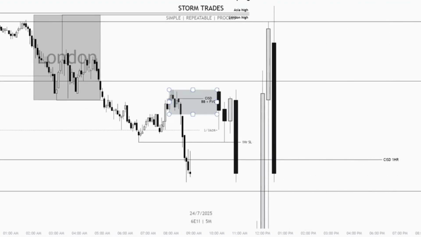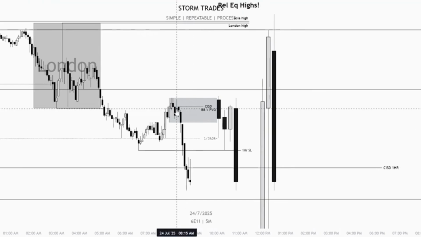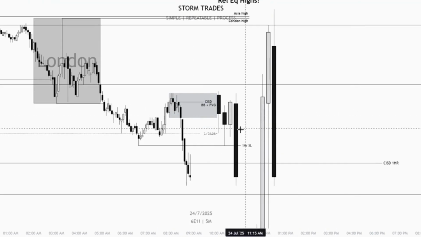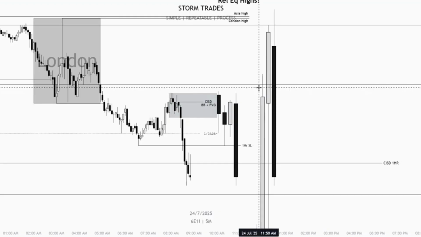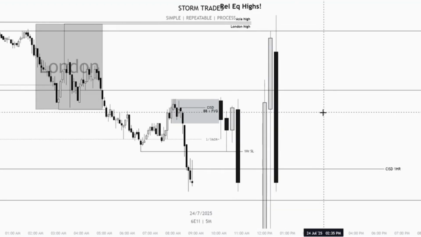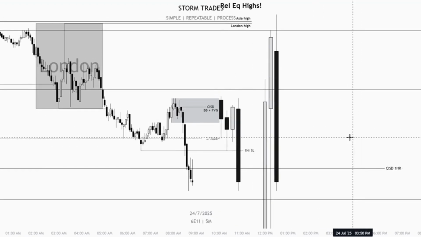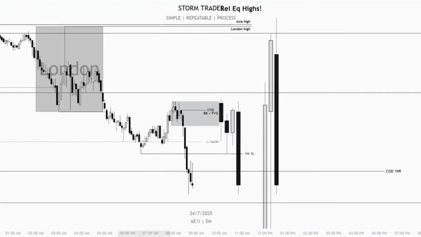I also want to make note that right here we have these series of up close candles prior to the move down that took the liquidity, which would be a breaker. So I'd like to see a move up through the change of state of delivery and confirm the breaker prior to getting involved. In fact, that's exactly what I did.